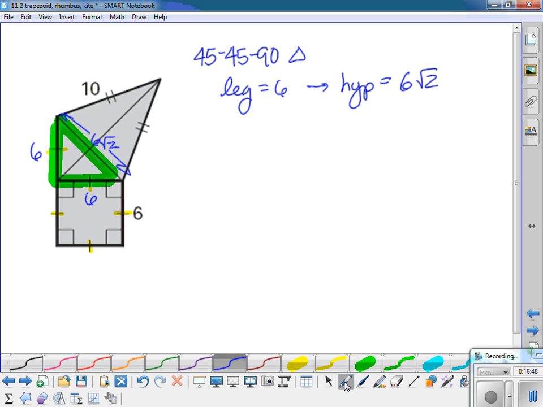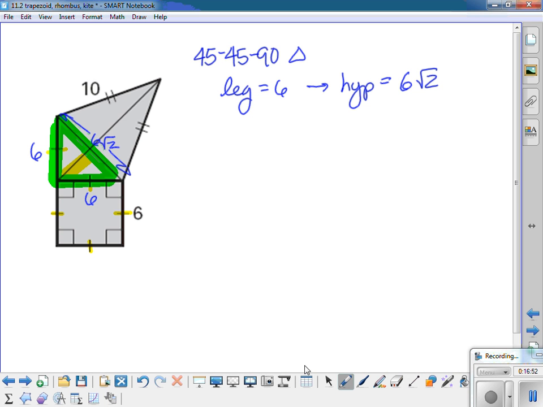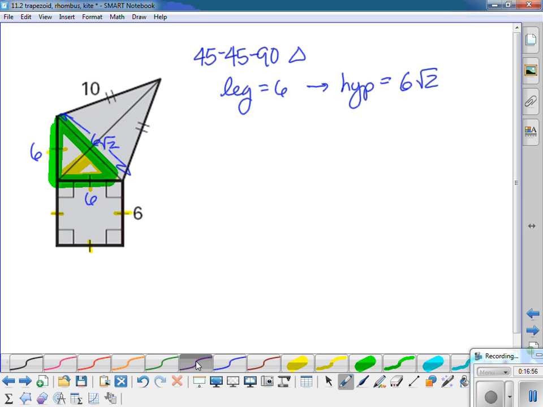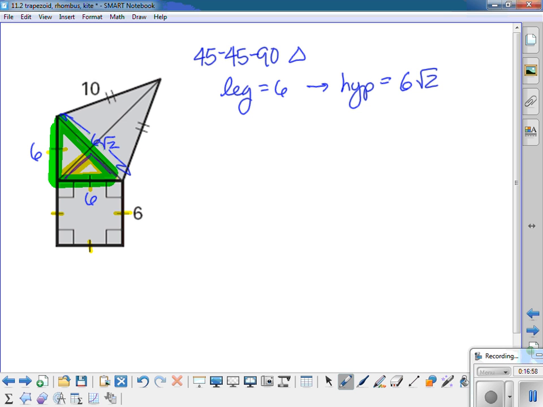So first of all, I notice I actually have a smaller 45, 45, 90 right here. And the legs on that one are, well, this leg is half of 6 root 2, so it's 3 root 2.